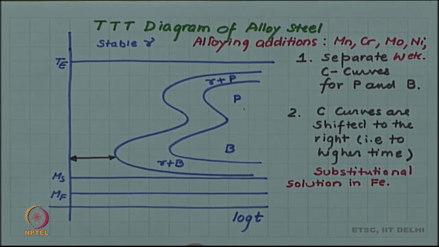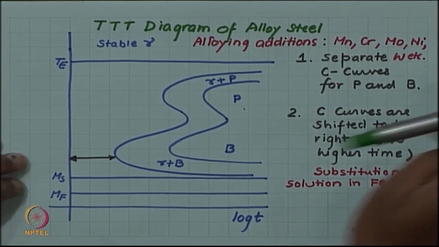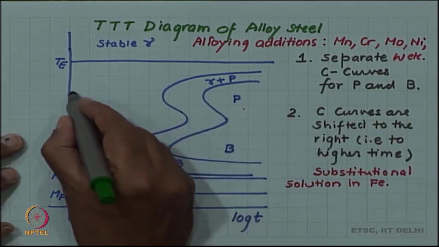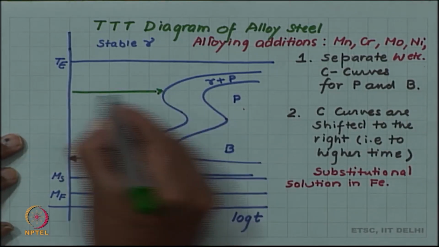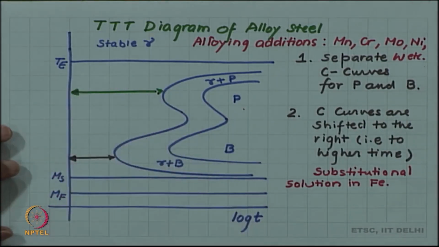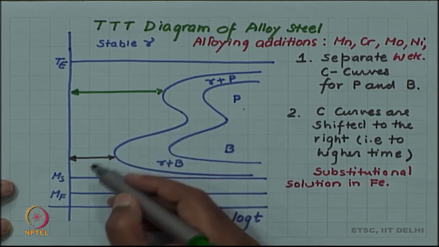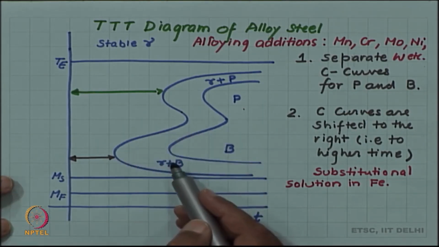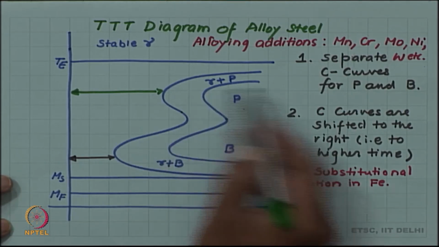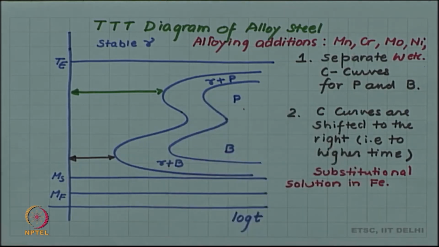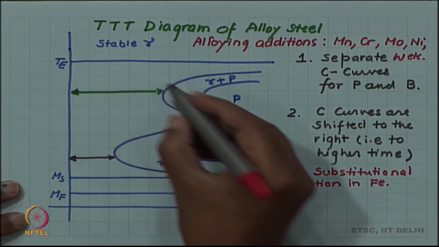Also you can see that the suppression of pearlite is much more than that of bainite. So, this exposes the bainite nose below the pearlite nose, and so in the case of alloy steel, often it is possible to produce bainite simply by continuous cooling.